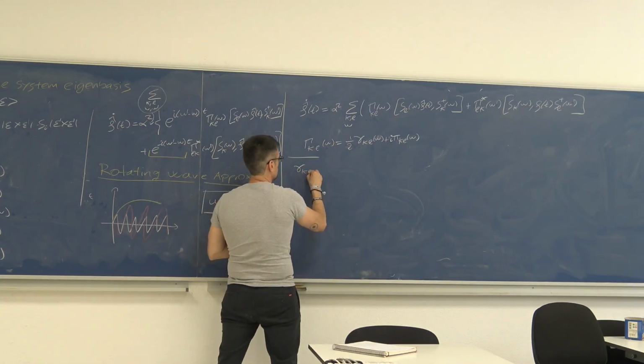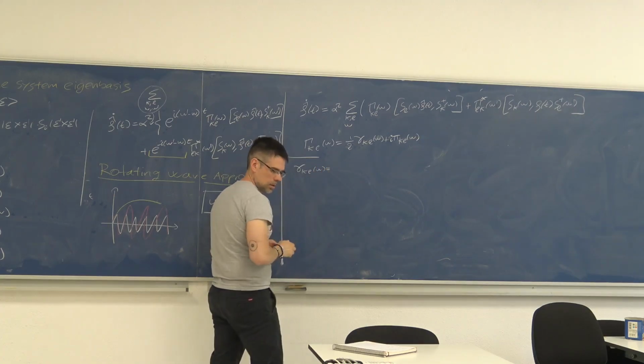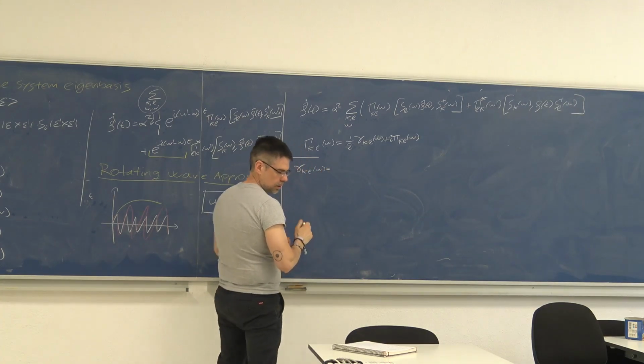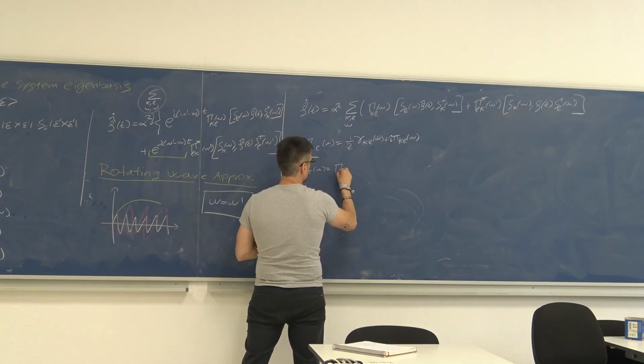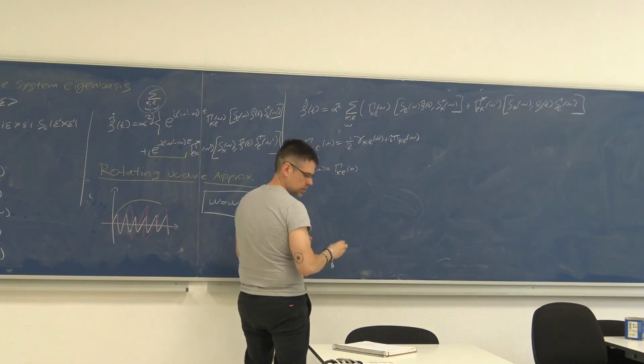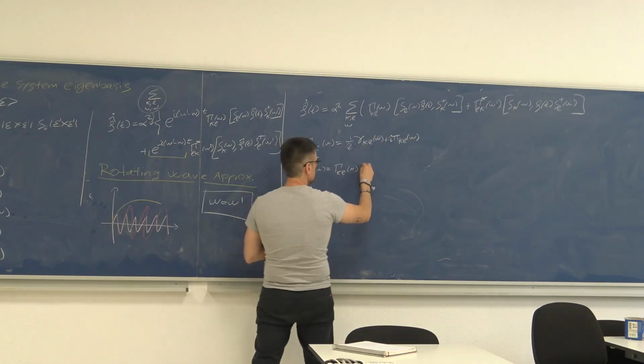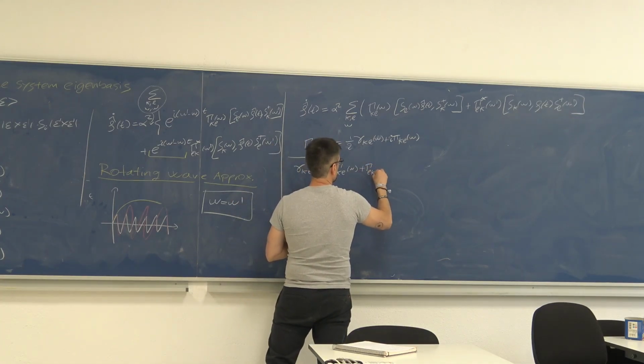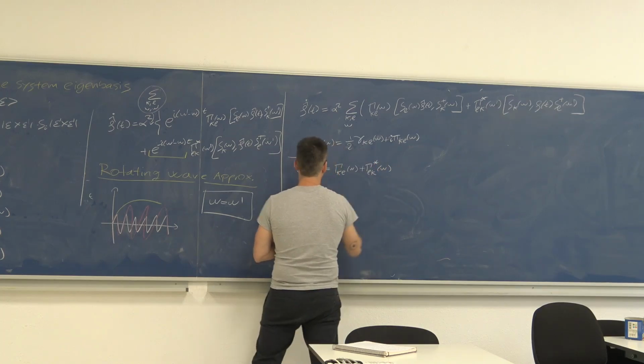Gamma KL of omega will be gamma KL minus or plus gamma LK complex conjugate of omega.